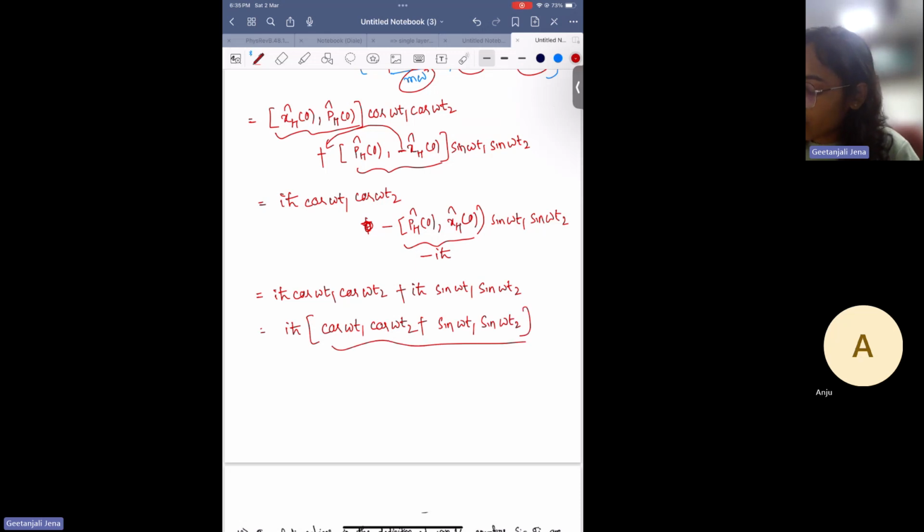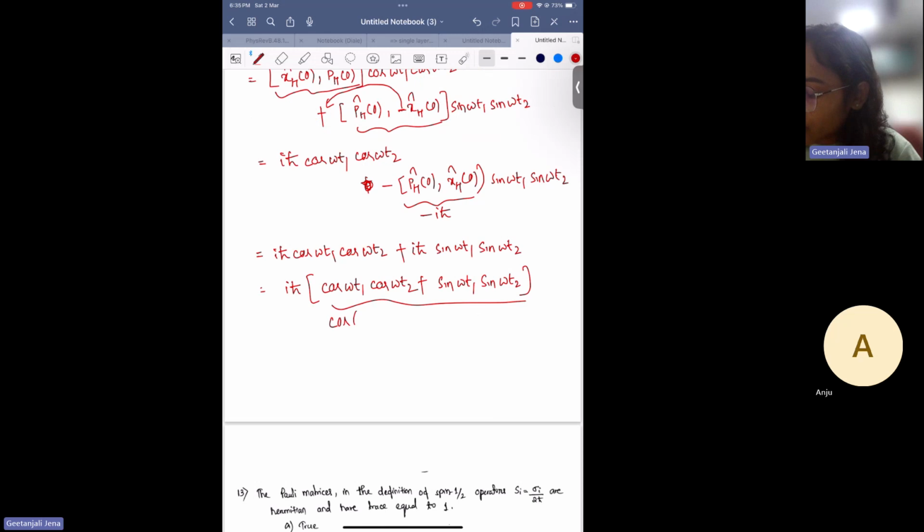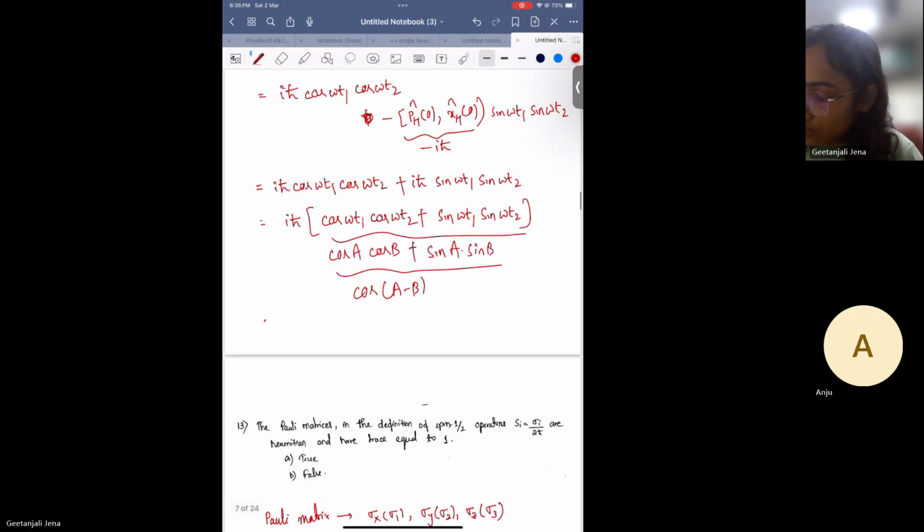So this is cos A cos B plus sin A sin B, which is cos(A minus B). So this is nothing but iℏ cos(omega t1 minus omega t2). So the final expression is iℏ cos omega (t1 minus t2).